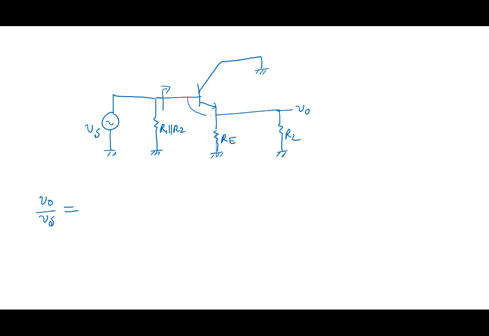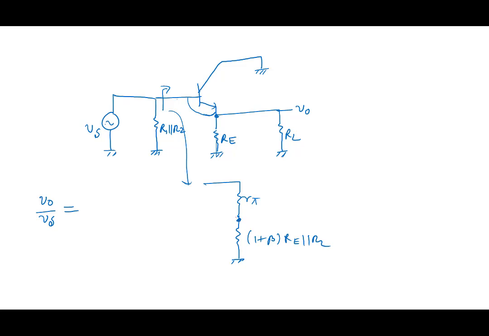It appears to be this: between here and here is R pi, and this resistor becomes multiplied by 1 plus beta. So if I look from here, it appears as if there is an R pi, and this resistance appears as 1 plus beta times Re parallel RL.